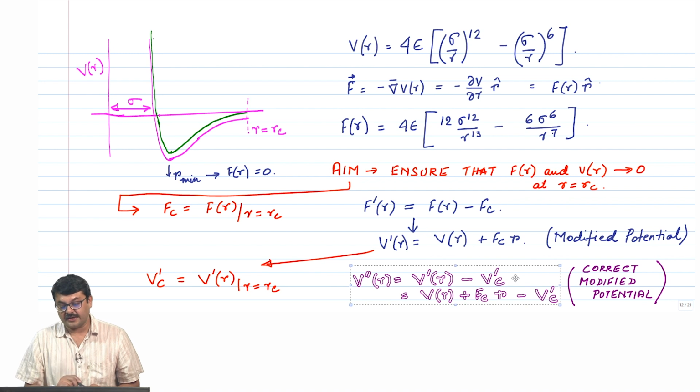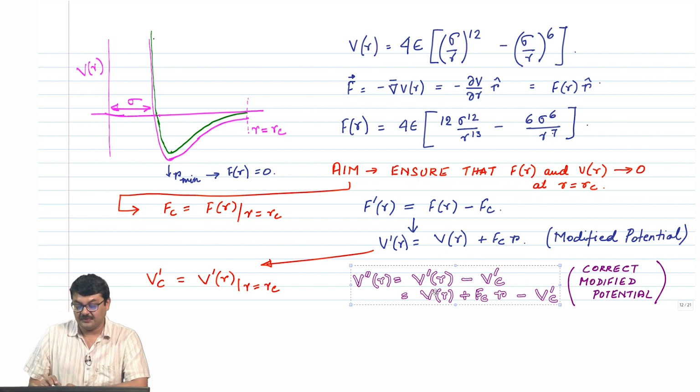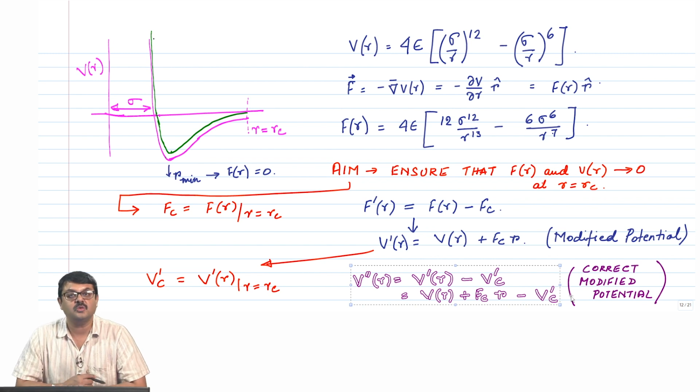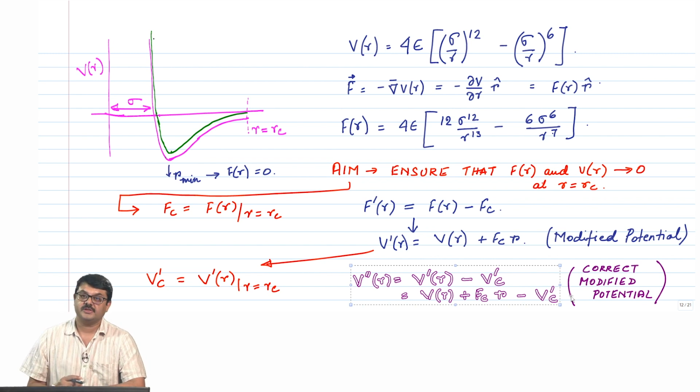And now, this quantity, which is basically v of r plus f c r minus v dash c, goes very smoothly to 0 at r equal to r c and remains 0 beyond r equal to r c.